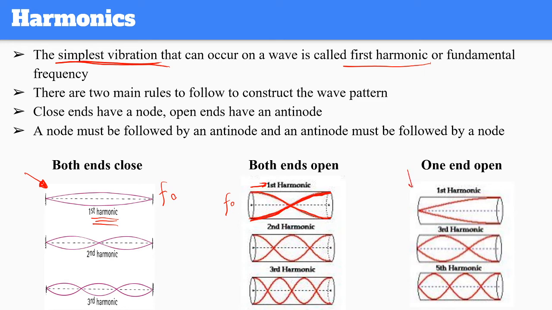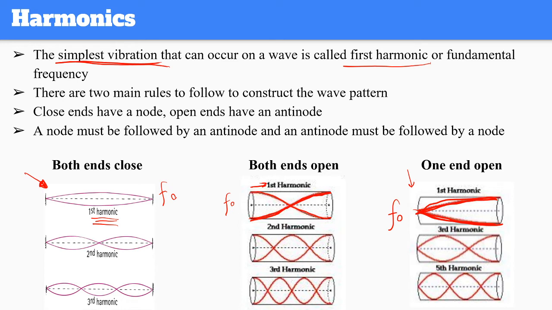And if you're talking about one end open, one end closed systems, the simplest wave that we can fit in is this shape. And this is my first harmonic, and the frequency that creates this shape is called the fundamental frequency.